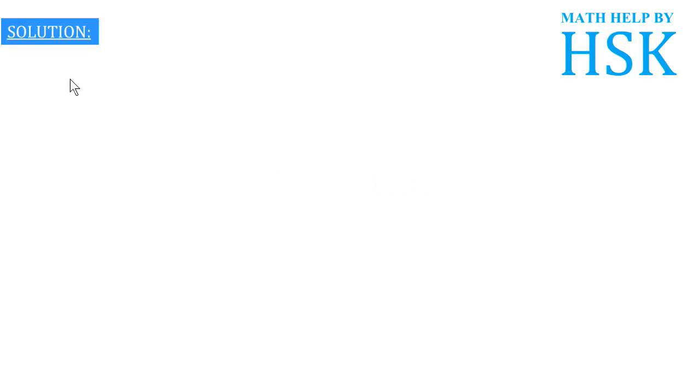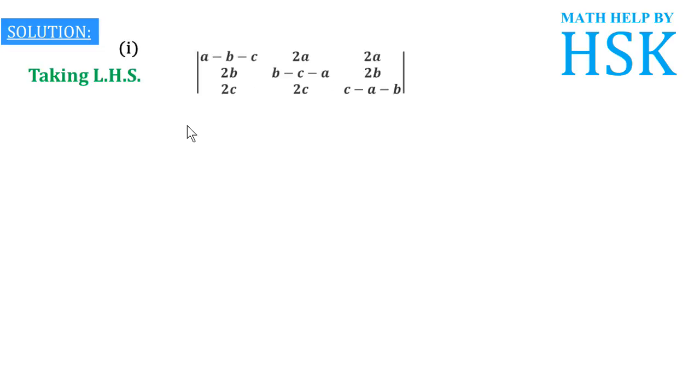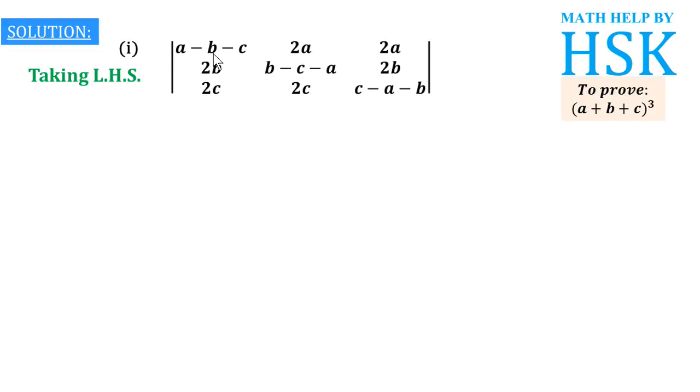Now to solve this question, first of all, taking the left hand side of the determinant given in the first part, that is a-b-c, 2a, 2a; 2b, b-c-a, 2b; 2c, 2c, c-a-b.